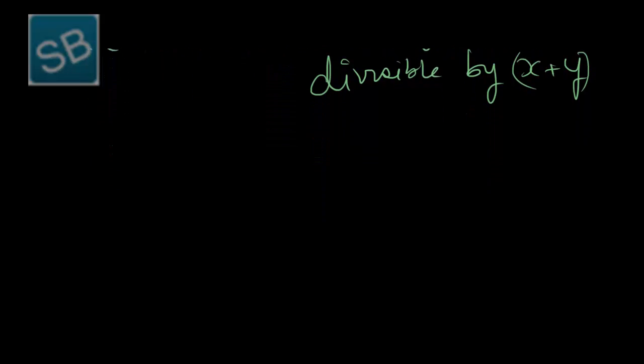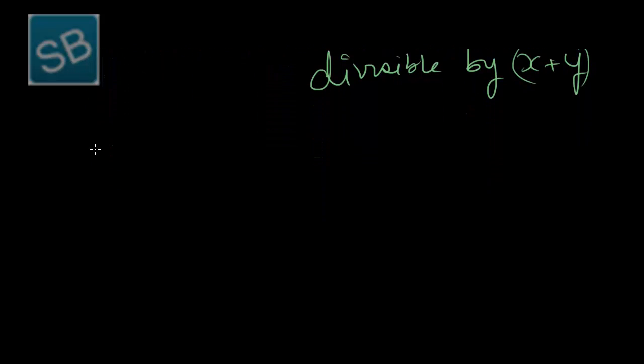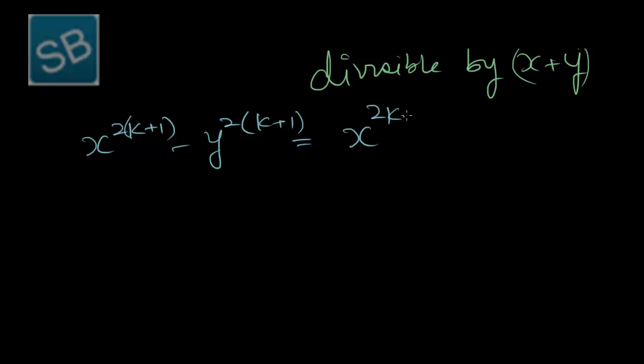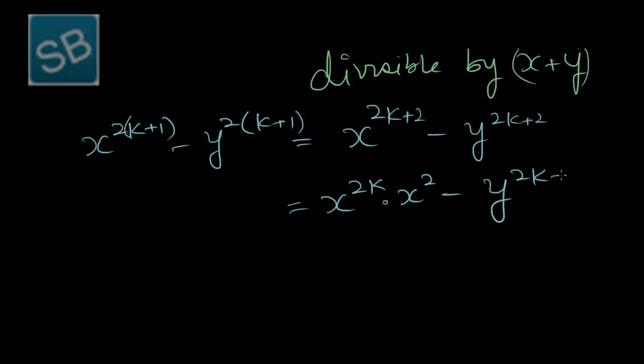So for proving this, we will take this part, that is x raised to power 2 times k plus 1 minus y raised to power 2 times k plus 1, which is equal to x raised to power 2k plus 2 minus y raised to power 2k plus 2. That is x raised to power 2k into x square minus y raised to power 2k plus 2. Call this equation 1.